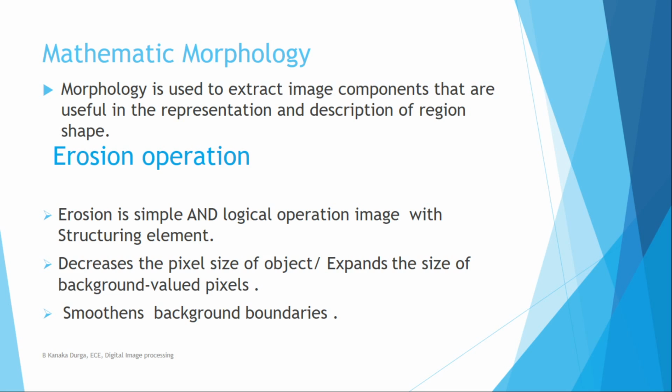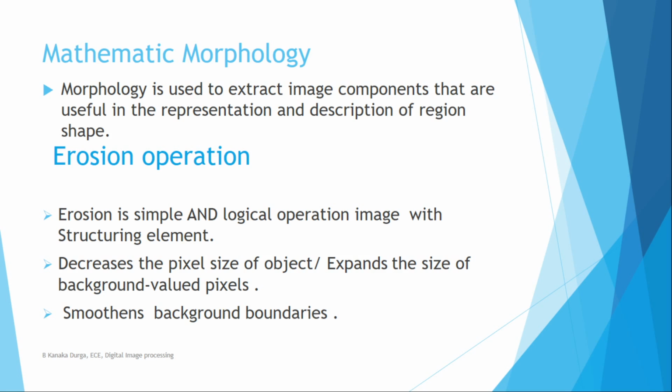So morphological image processing is a tool which is used for extracting image features, structures and shapes, for representation and description purposes. It is a tool for extracting image components that are useful in the representation and description of regions, shapes and structuring elements.